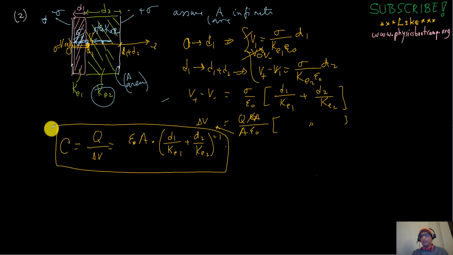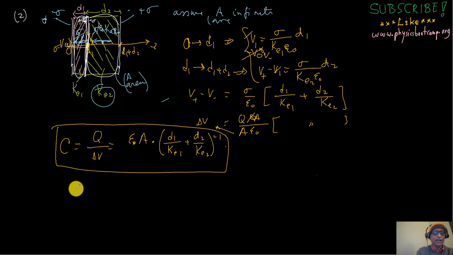There is a shortcut to this I want to illustrate. The shortcut is very kind of cute. You just put two plates, so to say, right on top of each other. So here minus sigma, this side is a plus sigma, and this side minus sigma. It's the same plate, and you can think of this as one capacitor and this as another capacitor, but they are in series, right?